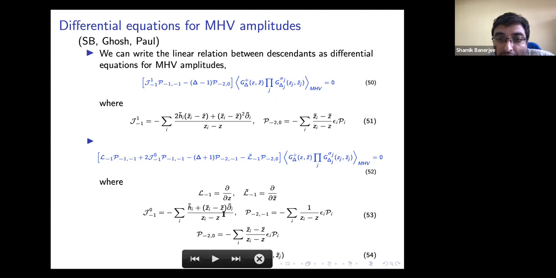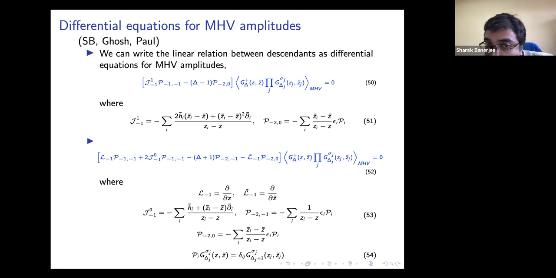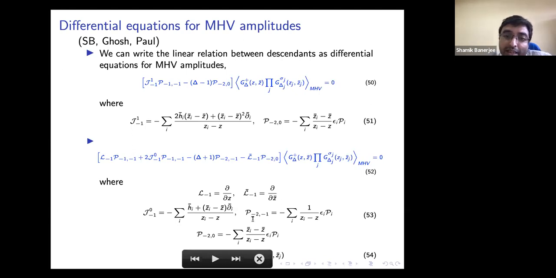This is one equation, and this is the second one. These equations are of the Knizhnik-Zamolodchikov type. But we have to be very careful, because we don't have any holomorphic factorization here. You can see we have both L minus 1 and L bar minus 1 here. That means both del Z and del Z bar are there.